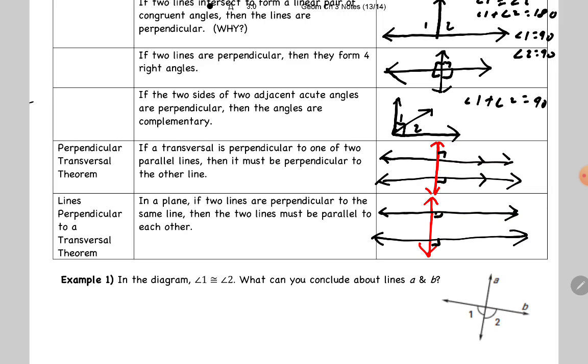So if it's perpendicular to both these lines, then they're parallel. So just working backwards: if two lines are parallel and a transversal is perpendicular to one line, then it's also perpendicular to the other line. And backwards, if you have a transversal that's perpendicular to two lines, then those two lines are parallel.